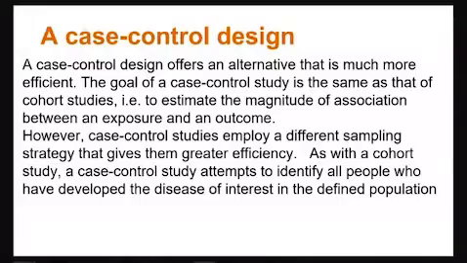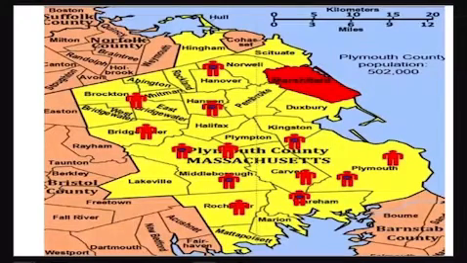I want to use a particular county, I think in Massachusetts in the United States. This county is Plymouth, which has a 502,000 population as at the time we're getting this information.